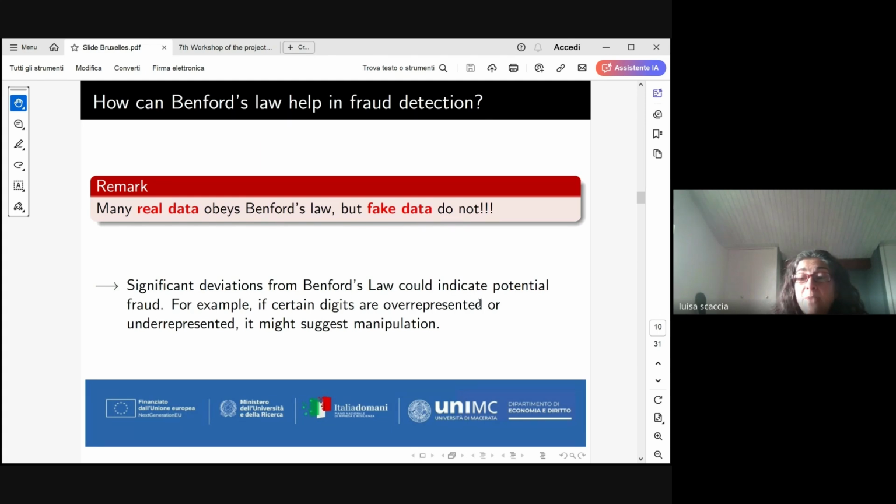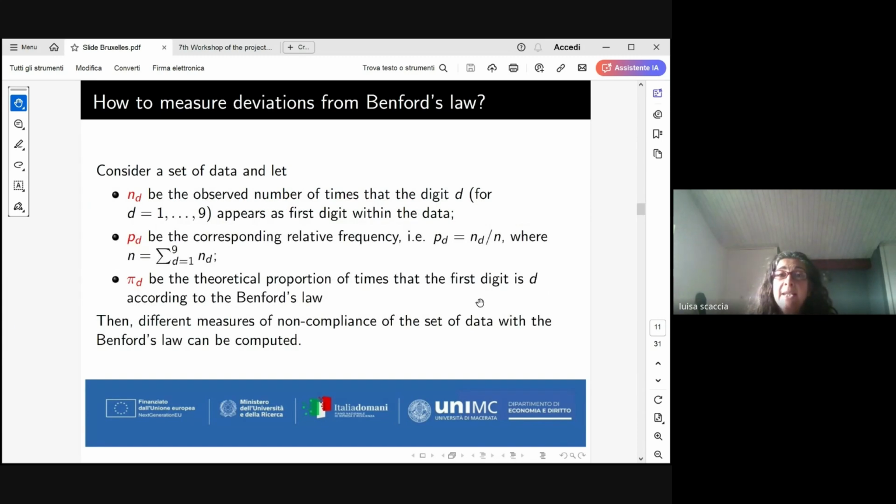law. So in practice, we need to measure the distance between the observed distribution of the first digit in the data we are considering, and the theoretical distribution under the Benford law. So to do this, I will introduce some very simple notation. ND is the number of times that the digit D is observed as a first leading digit.